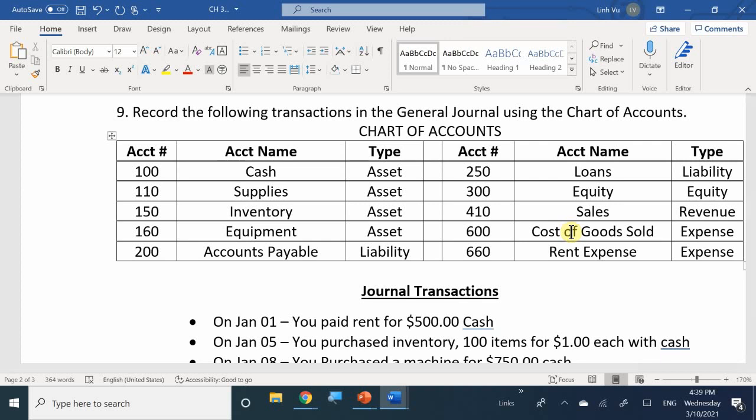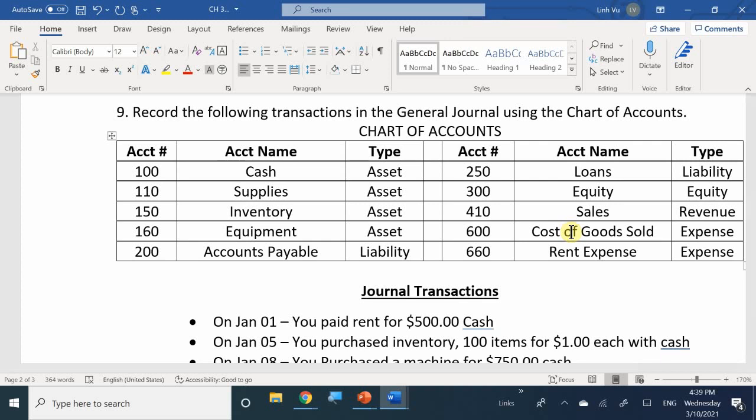Now let's apply the debit and credit system. I paid for rent. How am I going to record that? Which account am I going to be debiting? 660, your rent expense.